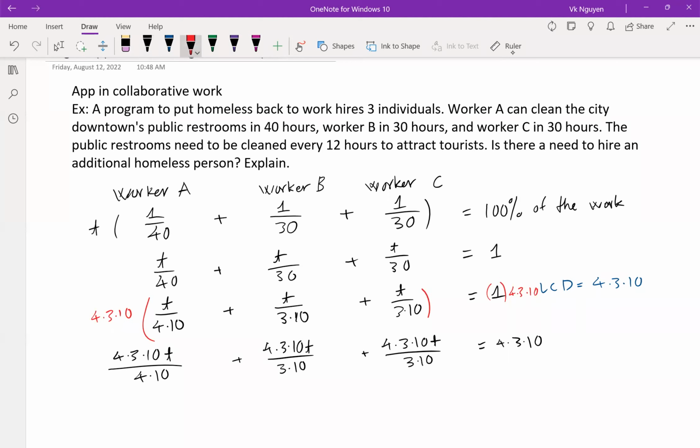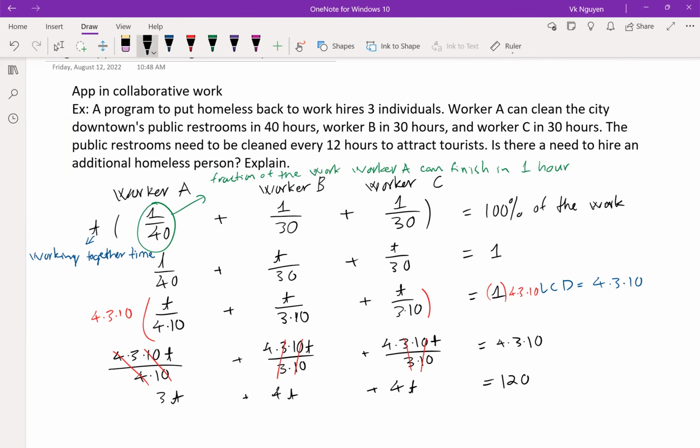Okay. Get rid of the common factors. Ta-da! We have 3T plus 4T plus 4T equal 120. 3T plus 4T plus 4T is 11T equal 120.